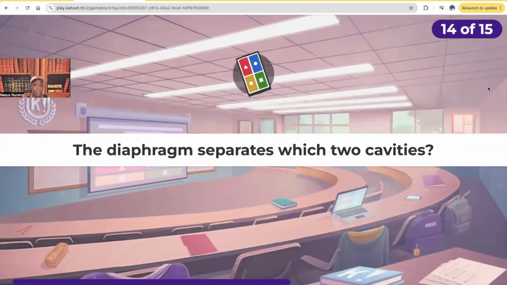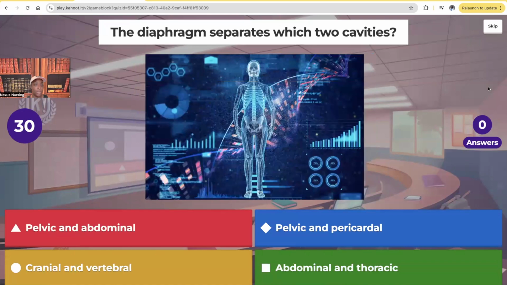Okay, the diaphragm separates which two cavities? Is it the pelvic and abdominal, the pelvic and pericardial? Did I spell that wrong? Pericardial or pericardal? Anyways, the cranial and vertebral, or abdominal and thoracic?